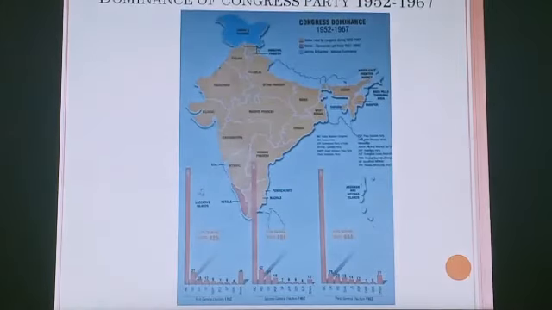When we see this map, for the past 15 years, you can see the yellow color shows Congress dominant states. These are the states dominated by the Congress from 1952 to 1967. You can see the picture in the book also; it has been nicely depicted there.